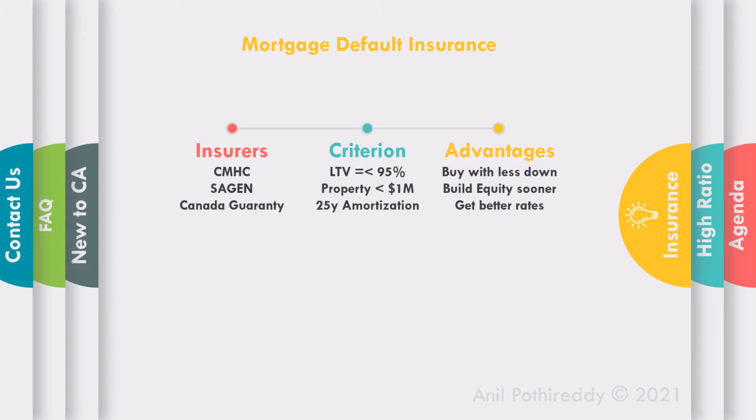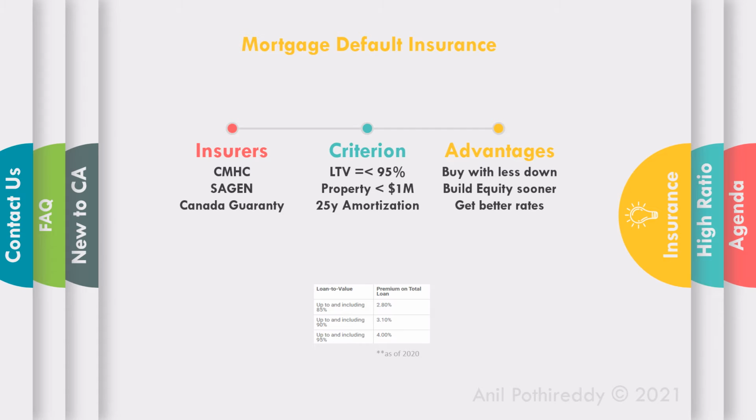The high ratio mortgages need an insurance, and then the insurers have certain criteria to be met. Let's see what they are. Firstly, the loan to value has to be less than or equal to 95%. What that means is we need to have 5% down payment. The 5% down technically applies to the first $500,000 of the purchase price.